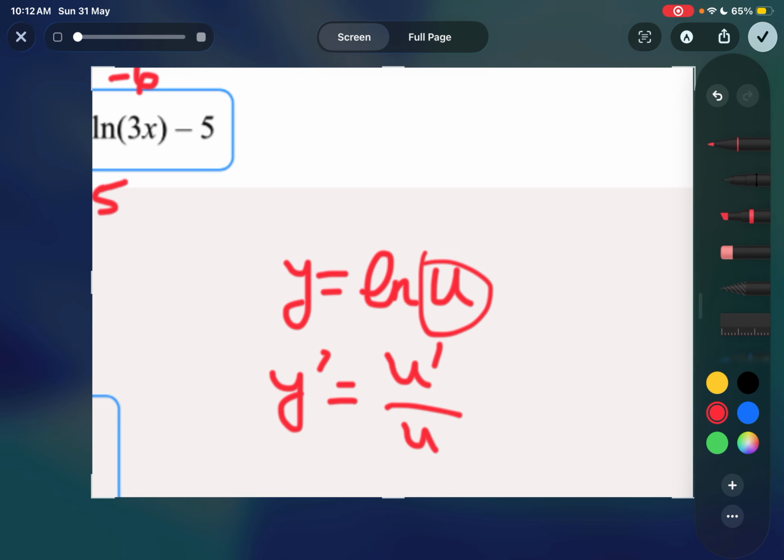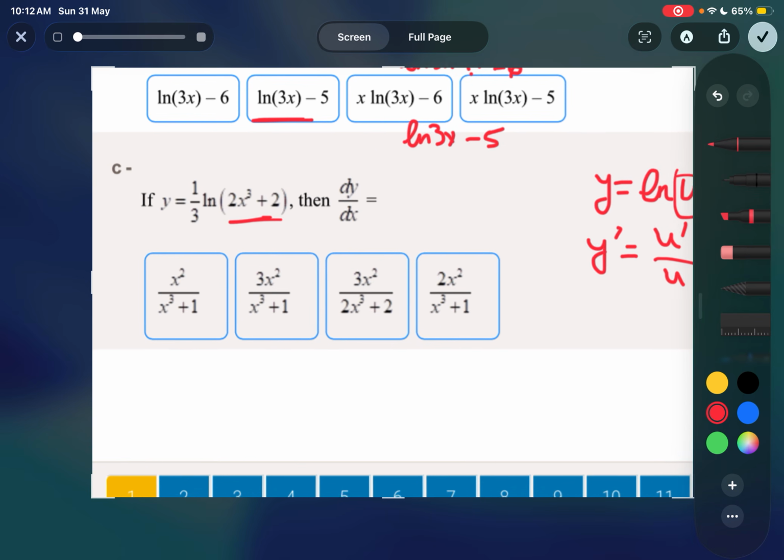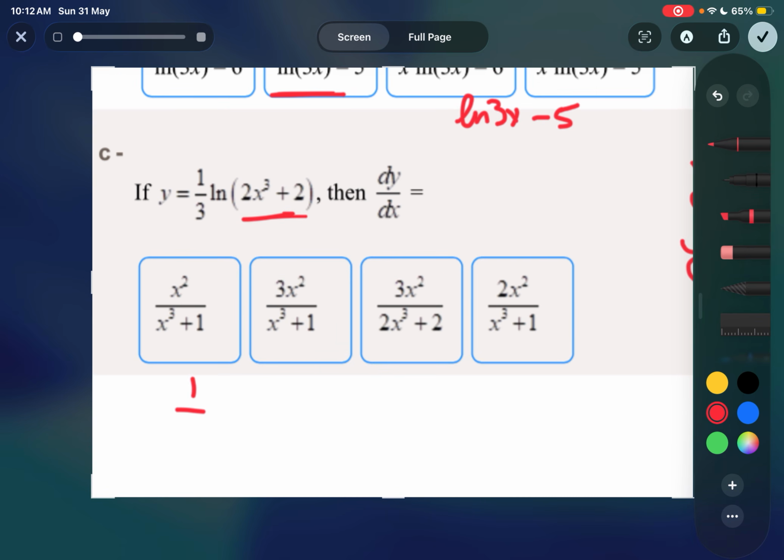Immediately, you just take the derivative of this over the original one. So 1 over 3 stays how it is, 1 over 3 times u prime over u. U prime of this is 2 times 3, which is 6x squared, over the original one. So 6x squared over 2x cubed plus 2.